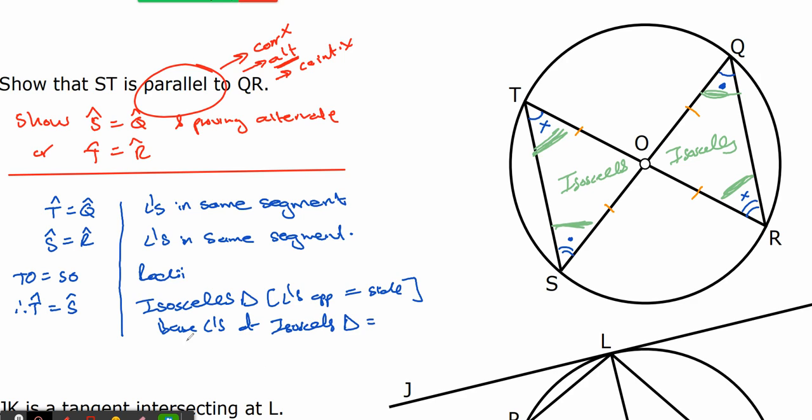base angles of an isosceles triangle are equal as well. Similarly, you can write down the word similarly so you can save time.